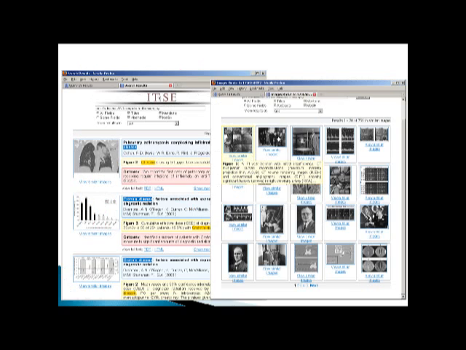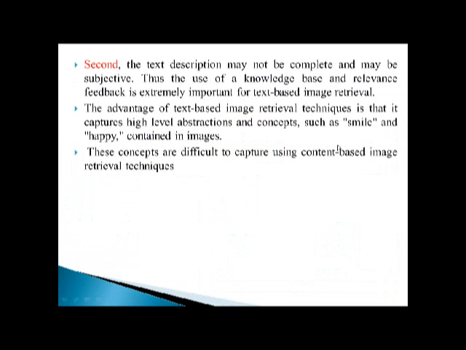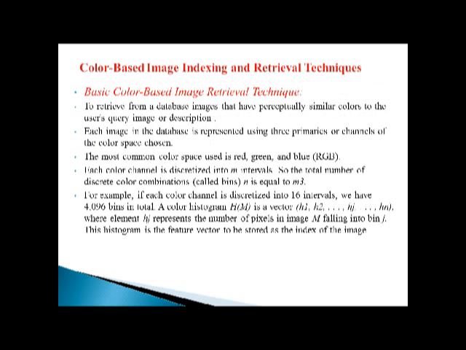You can see a number of images, and there is no information about the images. Here you can see view similar images. Through this text only we can know what kind of images they are. When we click, we get the concerned images. Second is text description, which is another main aspect.